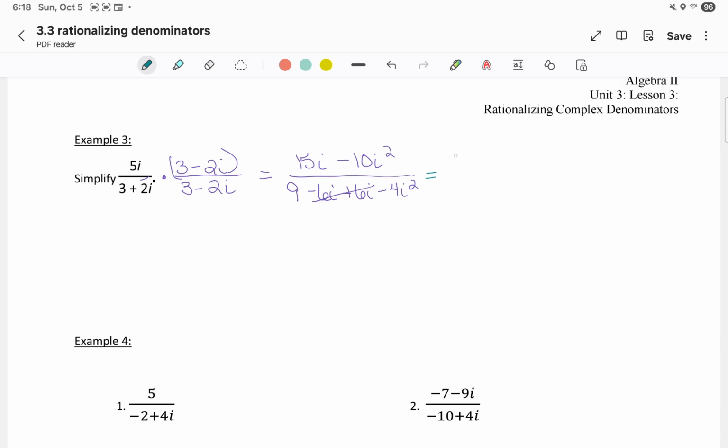So then on top we have 15i minus 10i squared, so that becomes plus 10. Actually, I probably need to back up just a little bit because it's going to be minus 10 times negative 1 over, and then since our i terms canceled, we are left with 9 minus 4 times negative 1.